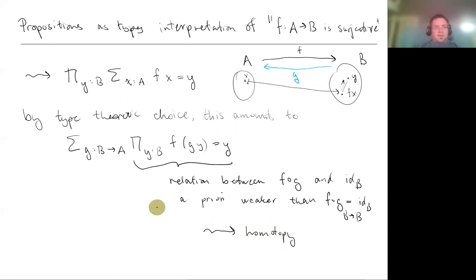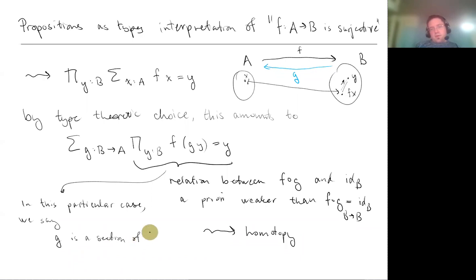Okay, and maybe just as a preview for what we're going to say later, if this relation holds in this particular case, we say that g is a section of f, or what is the same thing, that f is a retraction of g.